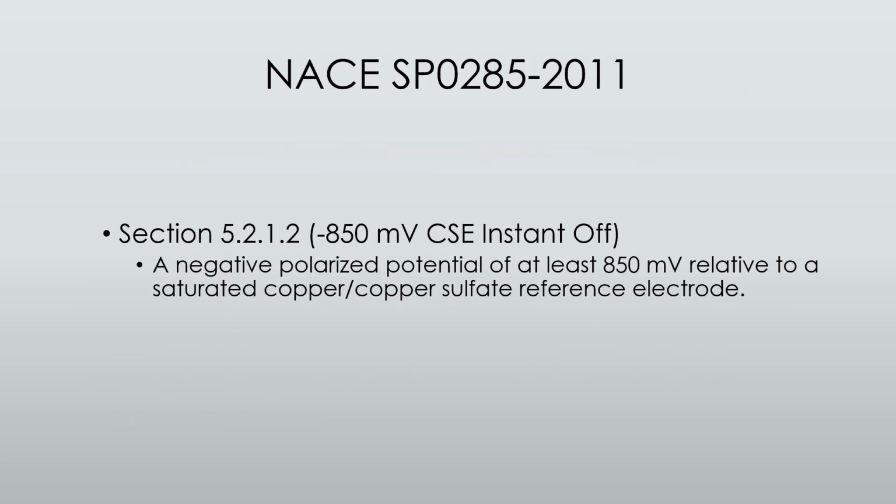So that was -850 on, and this one is probably the most common that inspectors and anybody around gas stations will see: a negative polarized potential of at least 850 millivolts relative to a saturated copper-copper sulfate reference electrode. Pretty short, pretty sweet. Let's see what else it says.